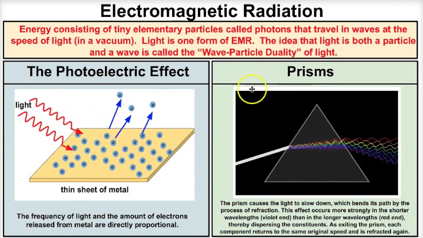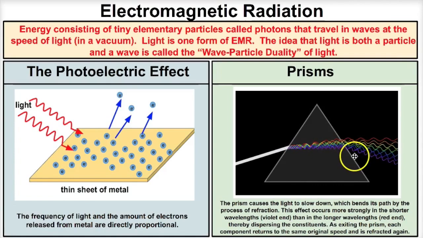Okay, so this is one concept that allows us to understand that light is actually made up of particles. If we take a look over here, we have a prism, and what happens when you shine light through a prism is this: the light is going to slow down as it hits this more dense glass prism, and the light gets separated into the 7 colors that make it up: red, orange, yellow, green, blue, indigo, and violet.